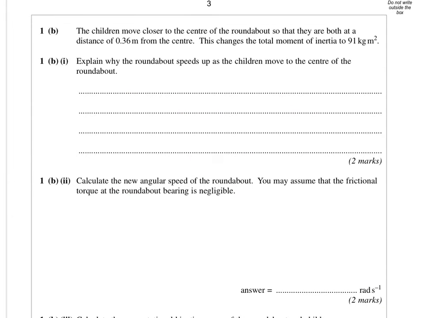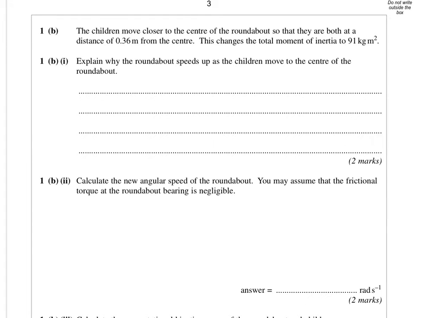Okay, so the children move closer to the centre of the roundabout so that they are both a distance of 0.36 from the centre. This changes the total moment of inertia to 91 kg m². Explain why the roundabout speed changes as the children move towards the centre of the roundabout.